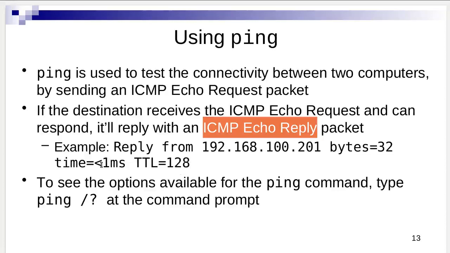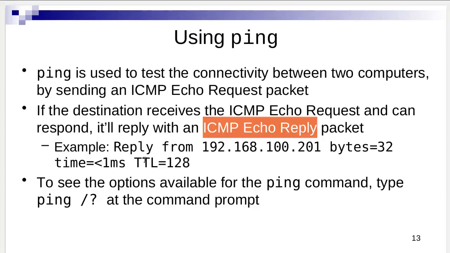If you don't get a reply back, you don't know exactly what went wrong. You don't know if that machine is not working, not on the network, or if there's a firewall blocking your messages. And actually, if you don't get a response, often it's because of firewall settings that prevent these echo requests from getting to the destination.